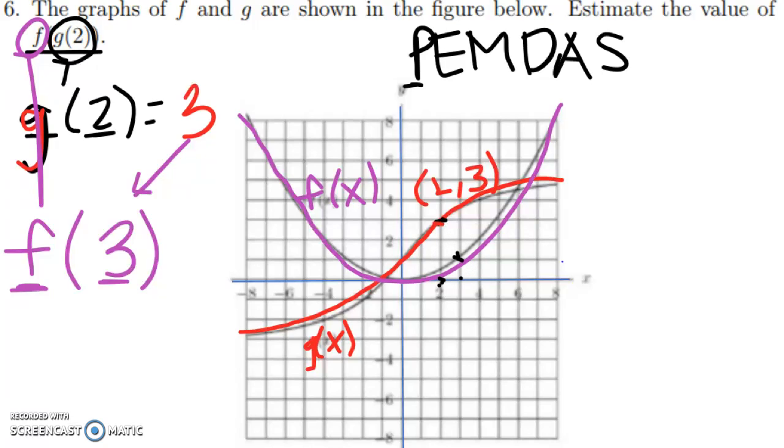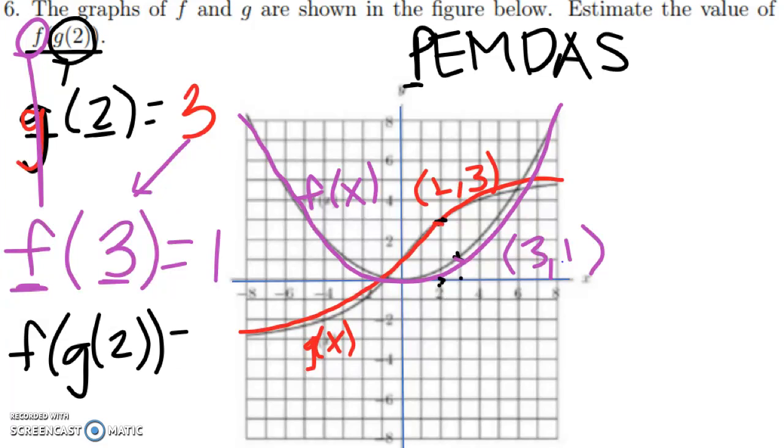I know my fabulous drawing is not that great, but look at the original line here, and it looks like that's the point (3, 1) on the f graph. So my answer, what is f of 3? Well, f of 3 is equal to 1. So now you have actually solved the entire problem. f of g of 2 is equal to 1.